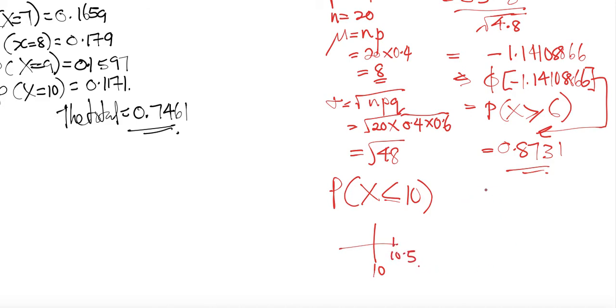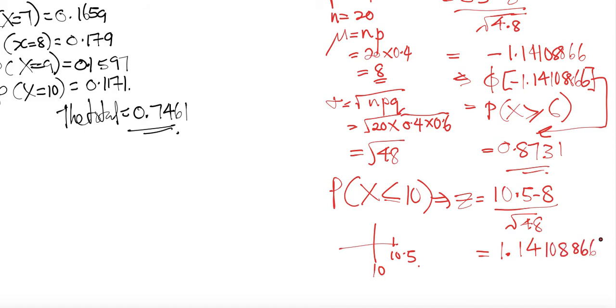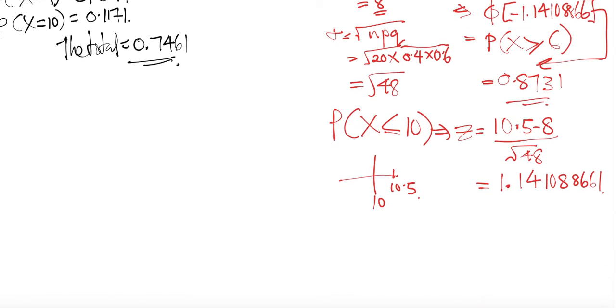So I have to start by looking at the z-score. The z-score will be 10.5 minus 8 over the square root of 4.8, and this is 1.141088661.